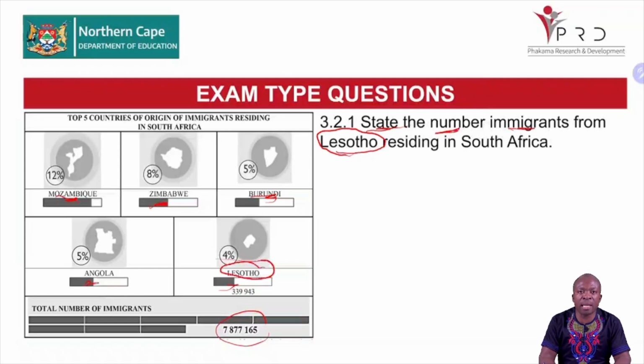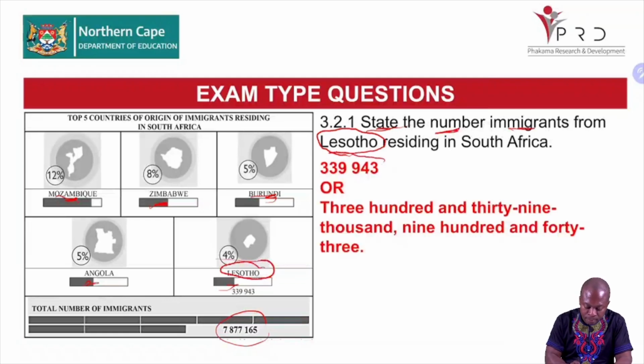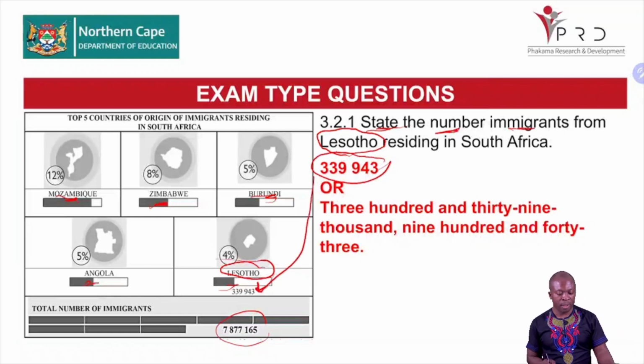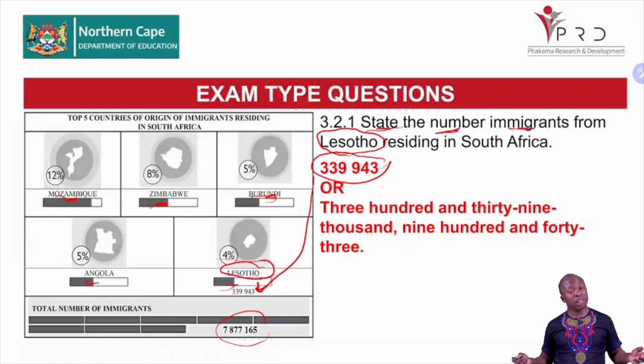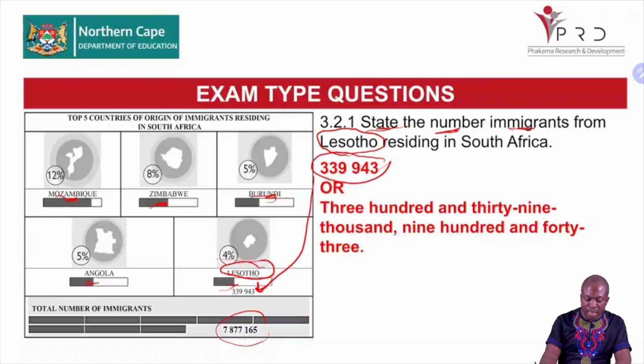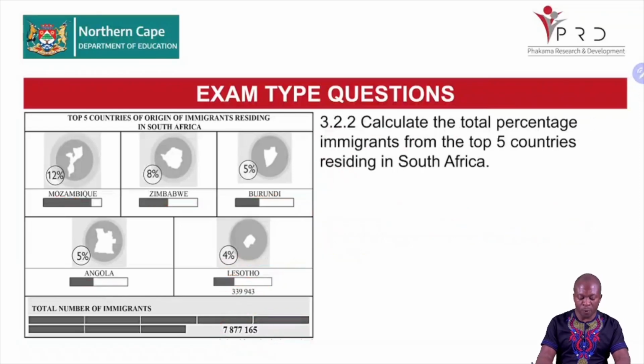Write your answer so that we can come back and right there. This one. Do you see it, learners? 339,943. Even though we said write a number, somebody goes and writes the word because they prefer the word. No problem. But it's supposed to be 339,943.